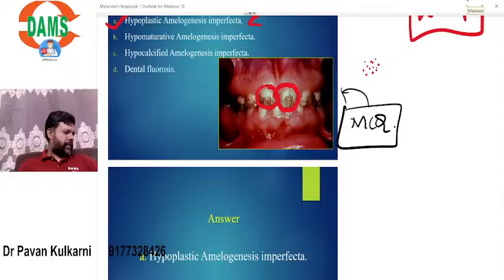We were discussing that this is a classical image based question that we can expect: pits that you see on the surface of the enamel with surface roughness. This is nothing but the hypoplastic type of amelogenesis imperfecta, which is associated with abnormal or reduced enamel organic matrix production. However, the mineralization or calcification process is normal here.